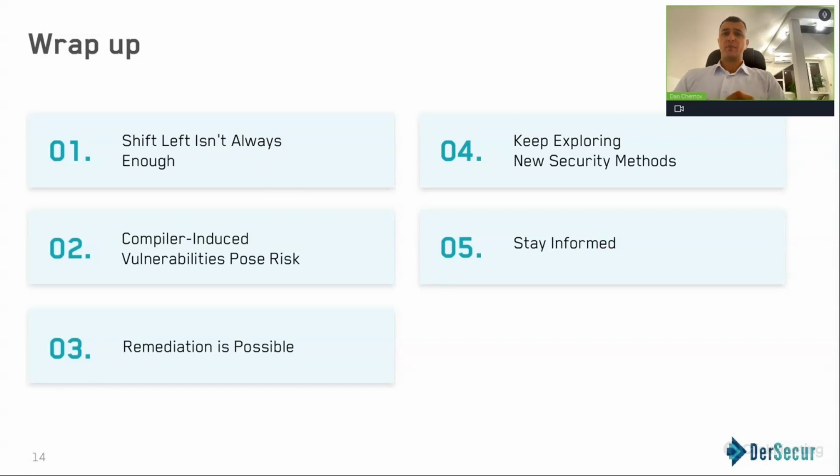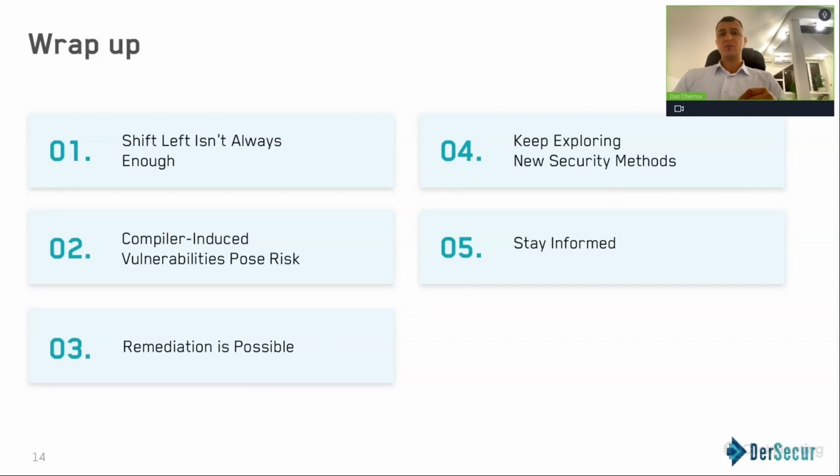Number two, compilers can introduce vulnerabilities that are really challenging to spot in source code. And that makes binary scans as well as DAST and sandboxing a valuable addition to your application security practice.